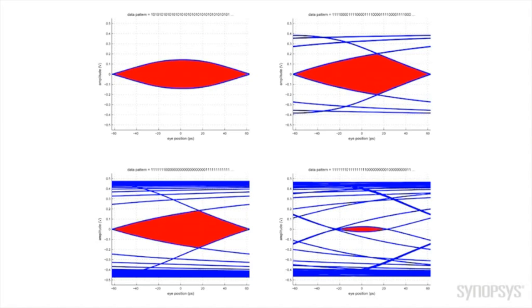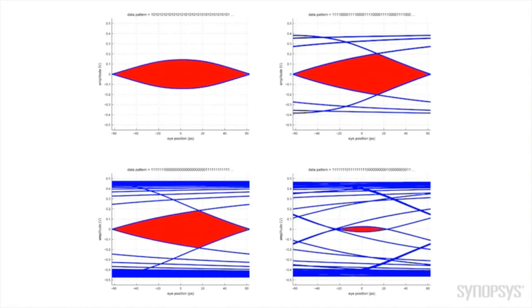In these patterns, we have a finite number of trajectories, a finite number of patterns, and we can see that we have these well-defined blue lines. But in a real random data pattern, we don't have these very particular data patterns. We have all kinds of data patterns.